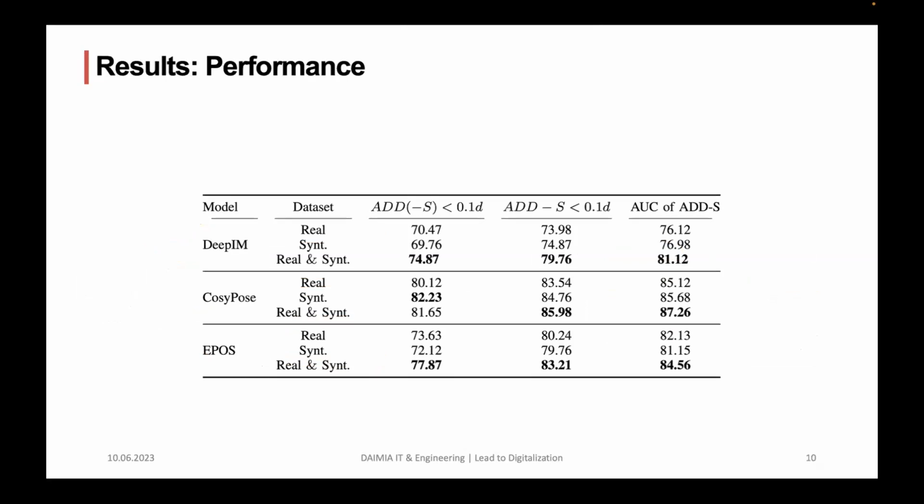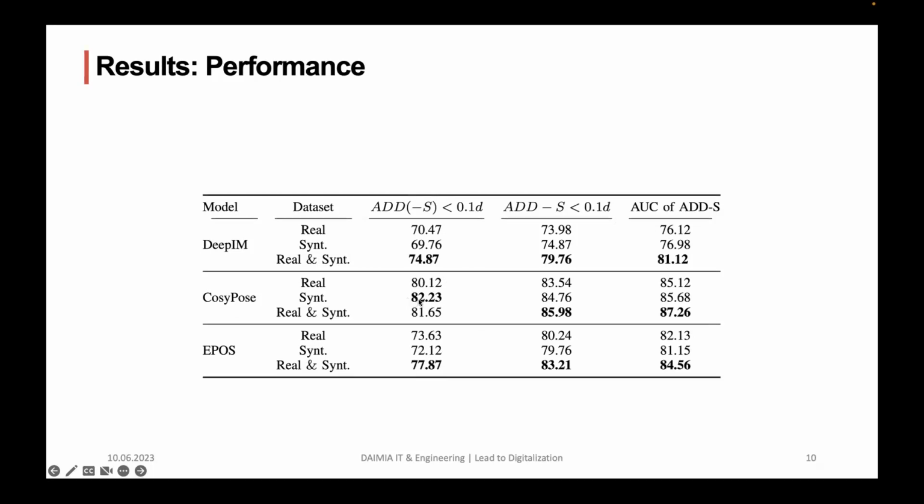So our results are as follows. We have different metrics specified to measure the performance. In these metrics, we see that DeepIM, for example, is performing best in the hybrid model.